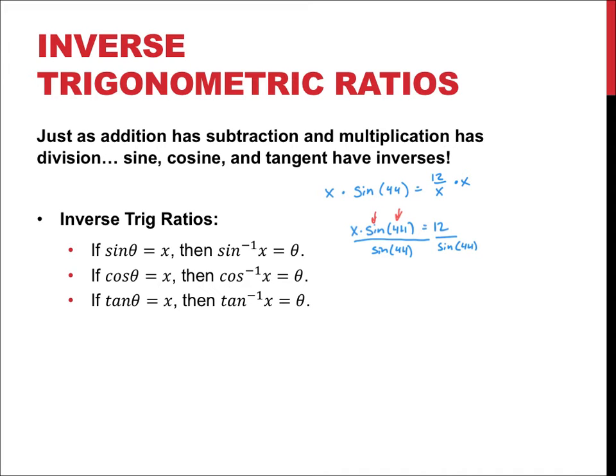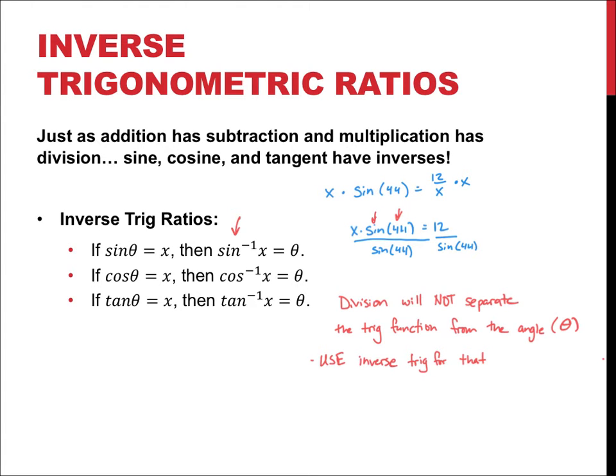So if I have two numbers that are multiplied by each other, I need to divide to separate them. Okay? Well, the reverse of trig is inverse trig. And that's where we get these symbols over here. Okay? Now, the way the inverse trig ratios work is in our normal trig functions, we have the angle over here.